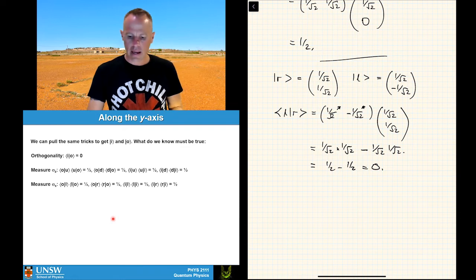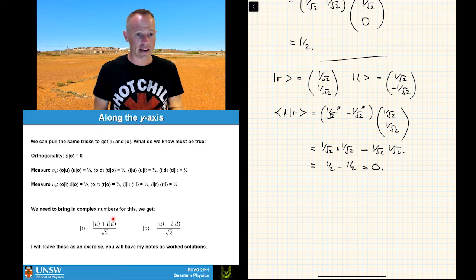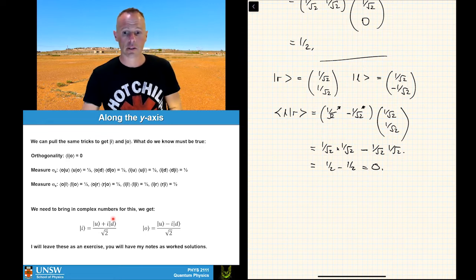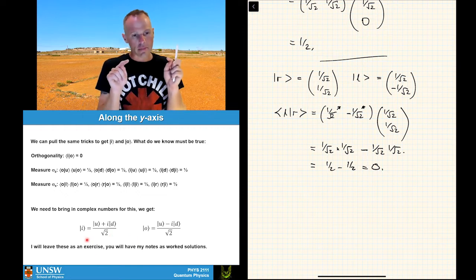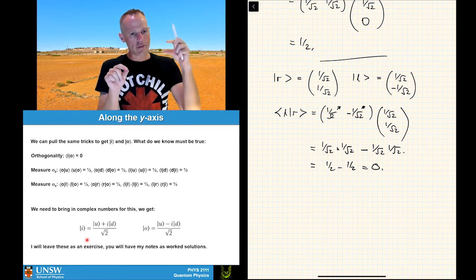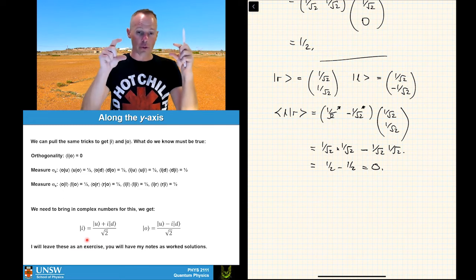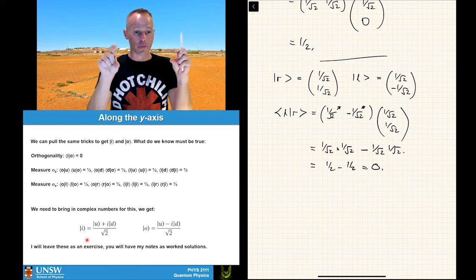And the reason why getting in and out is a complex problem is because you start suddenly getting complex amplitudes. Okay, so if you do this, these are the answers you get. You get in as a linear combination of up and down, except now instead of having 1 over root 2 and 1 over root 2, what you have is 1 over root 2 and i over root 2, right?